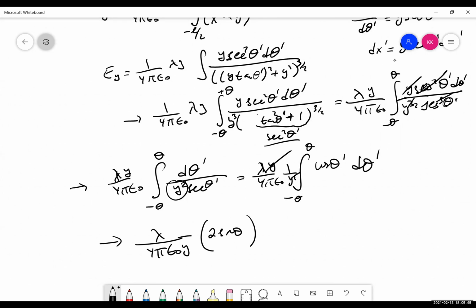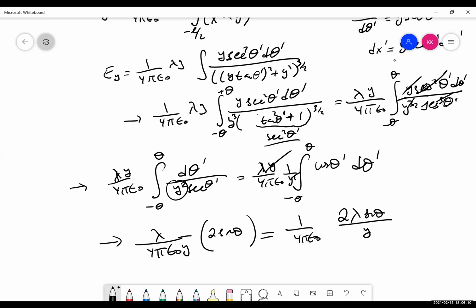The integral of cosine theta prime is just sine theta, and then when I go from negative theta to theta, I get 2 sine of theta. That means my final answer is 1 over 4 pi epsilon naught times 2 lambda sine of theta over y. Okay, that's my final answer.